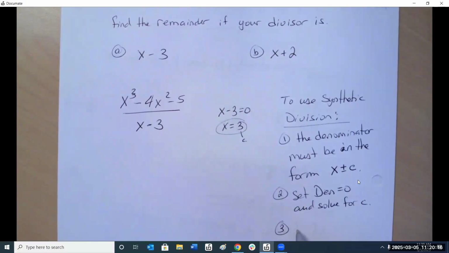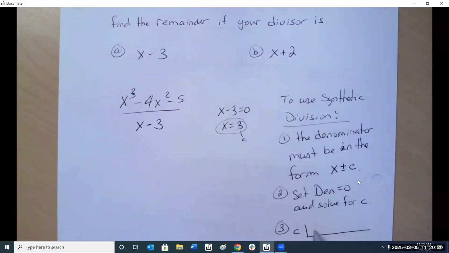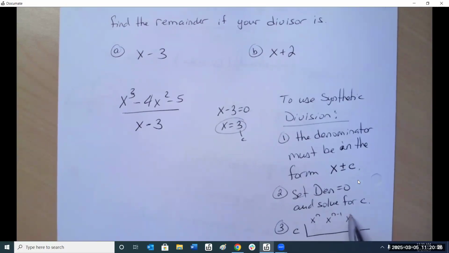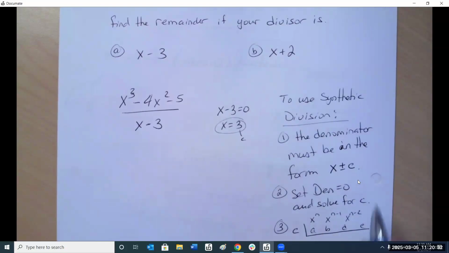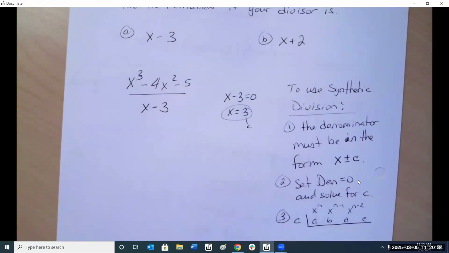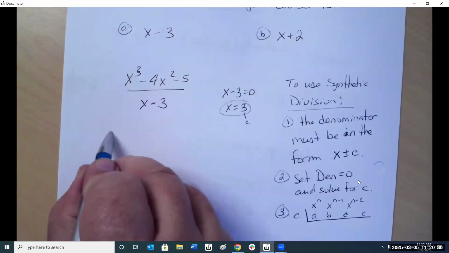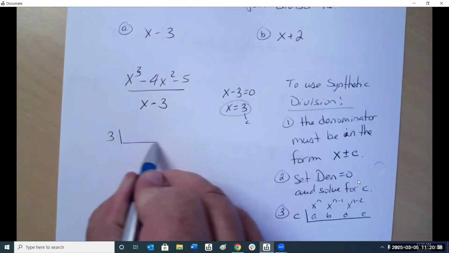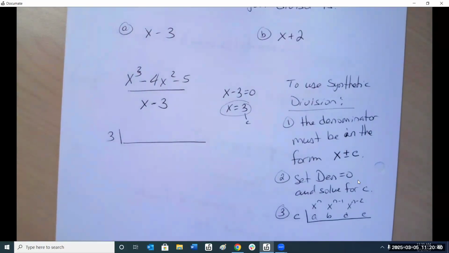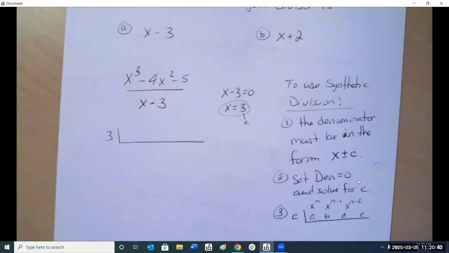Third, put your coefficients in the appropriate columns. So we have 3. This upside down division symbol tells you you're using synthetic division.